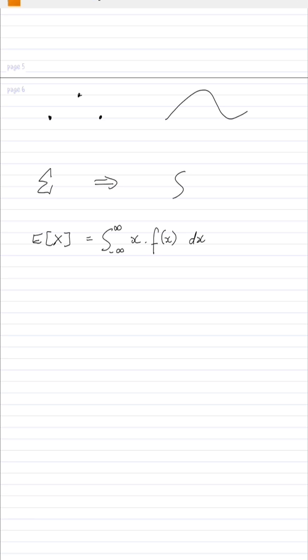So that is how to find the mean of a function, and that may mean that if it's a simple function, you may find that the mean might be 0 if it goes positive and negative. It's like a zero mean sinusoid.